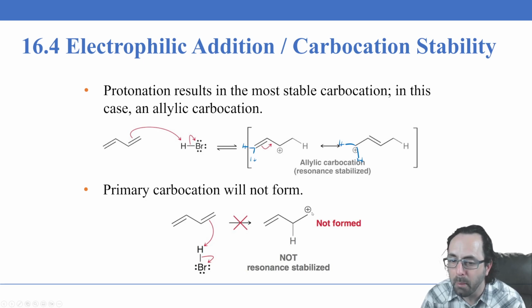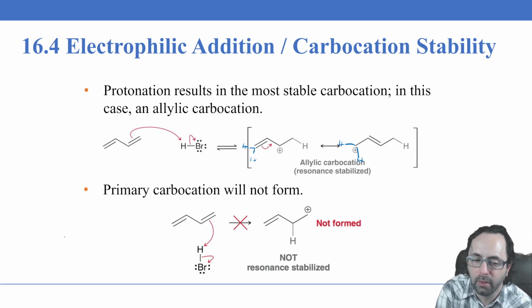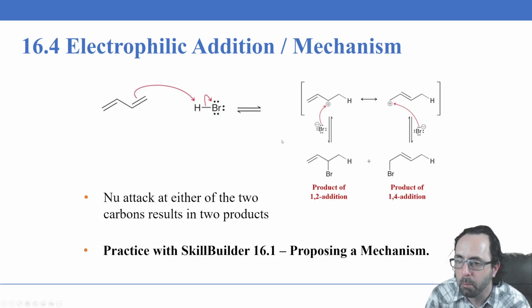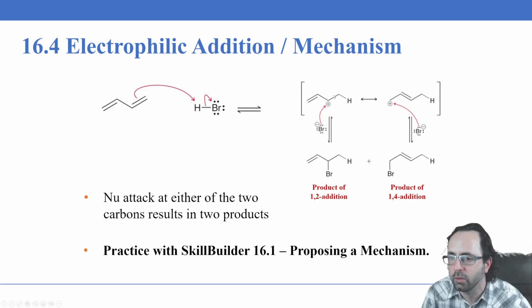And so at that point, the bromide could attack either location here. So we've got both of these resonance structures now, the ones that we had before. The bromide can attack at the position right here, the more substituted position, giving you a so-called 1,2 addition, where the hydrogen is attached to carbon 1 here and the bromide attached to carbon 2.